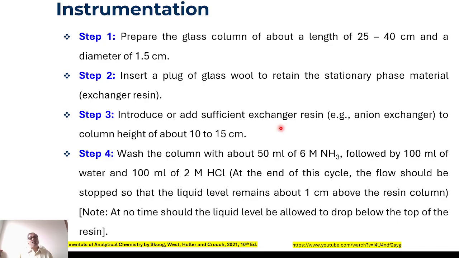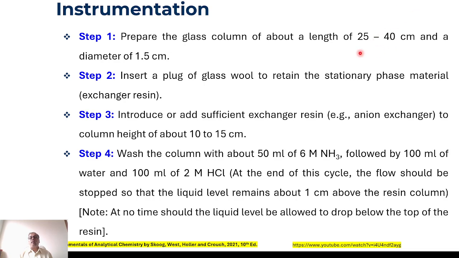You decide: if you want to purify anions, then use an anion exchange resin. If you want to purify or separate the cation, use a cation exchange resin. So you select the appropriate exchanger resin, then you fill the resin up to a height of 10 or 15 centimeter.